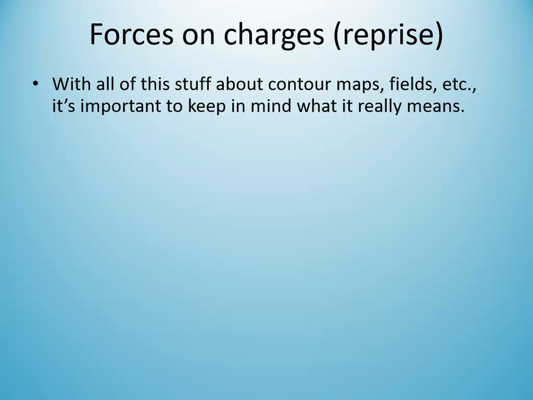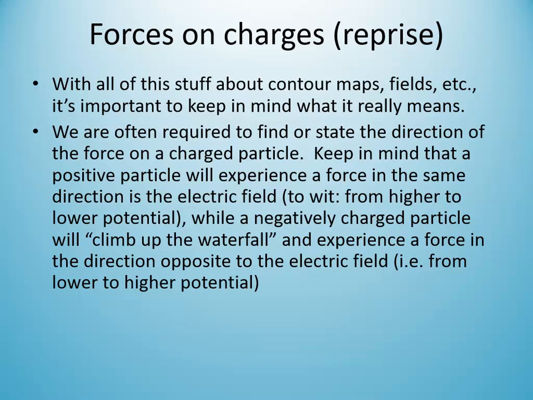Now, keep in mind what all this stuff about contour maps and everything actually means. See, we're often required to find or state the direction of the force on a charged particle. Well, a positive particle will experience a force that's in the same direction as the electric field. That is, from higher electric potential to lower electric potential. In other words, it naturally goes down the waterfall.